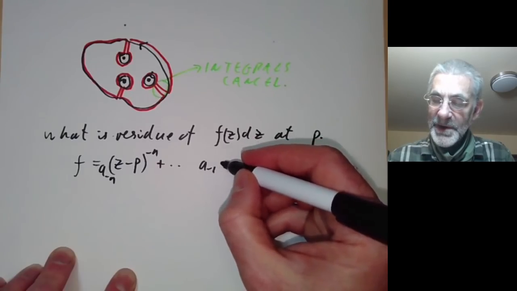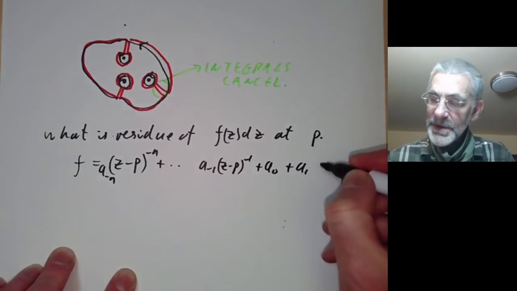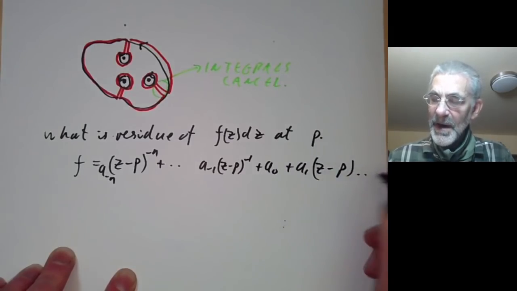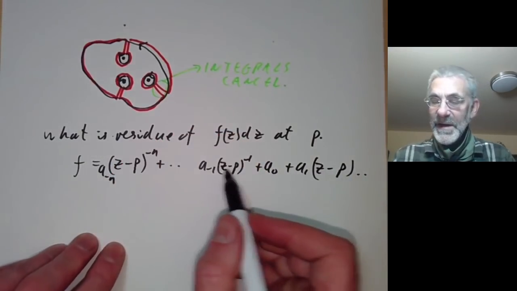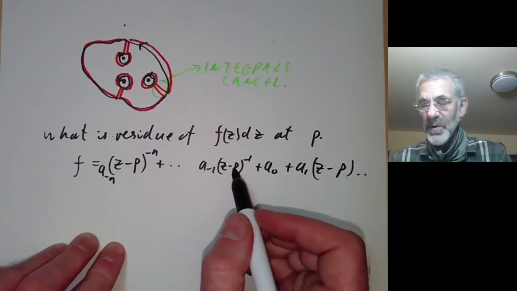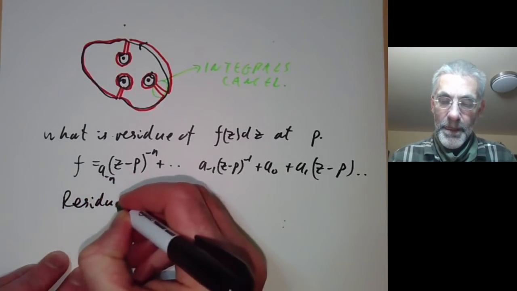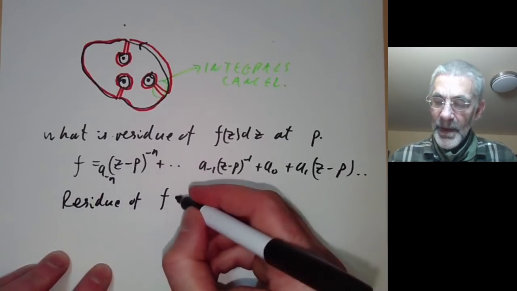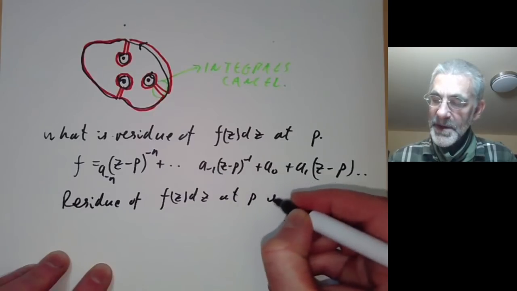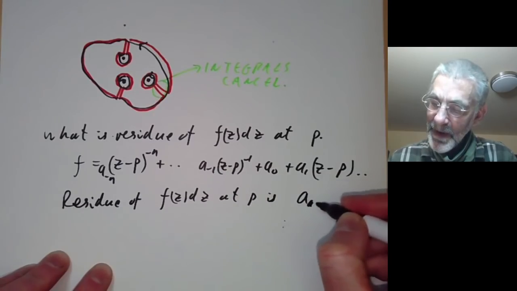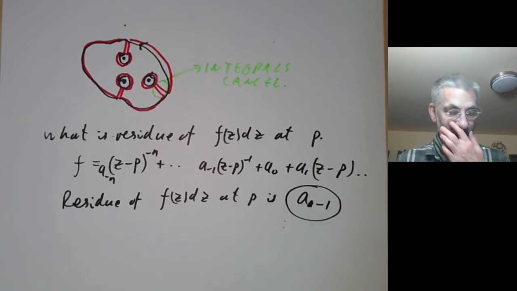So we have a_{-1}(z-p)^{-1} + a_0 + a_1(z-p), and so on. So this bit is just a power series around p, and here we've got a few extra terms that aren't quite holomorphic at p. And then the residue of f(z) dz at p is just a_{-1}. You take the coefficient of (z-p)^{-1}.